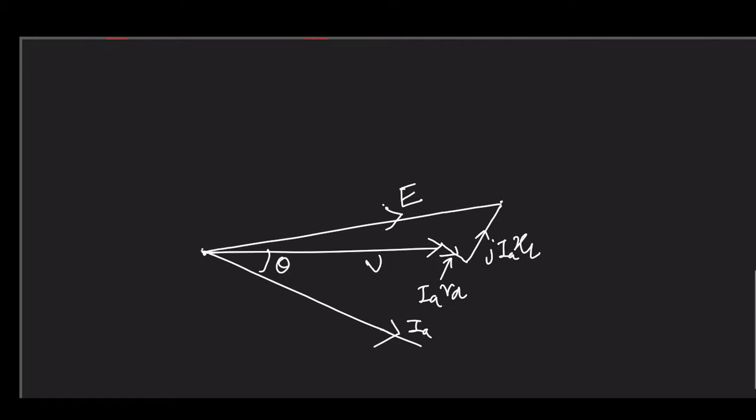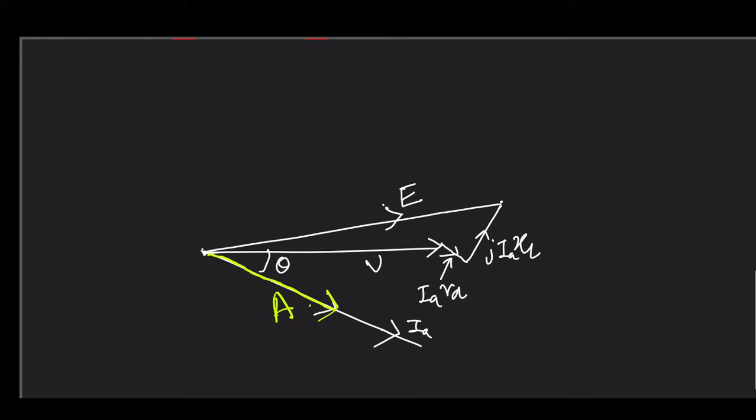So with this, what we are getting is this E. Now obviously, when you have this armature current IA, this armature current will also produce an armature MMF that is denoted by A. What is A?